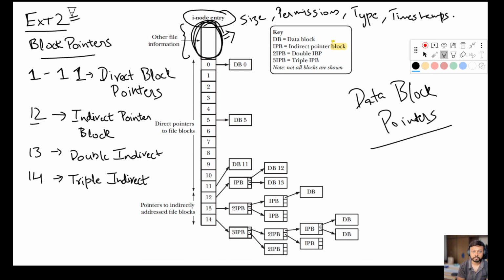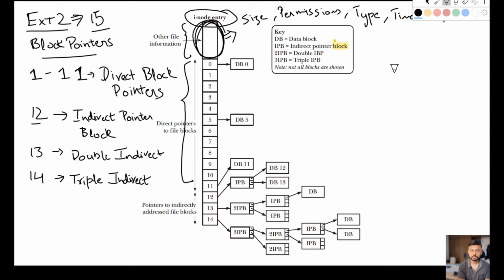For the ext2 file system, there are 15 block pointers. Before we dive into understanding how block pointers work, there are a few important things that we have to keep in mind.